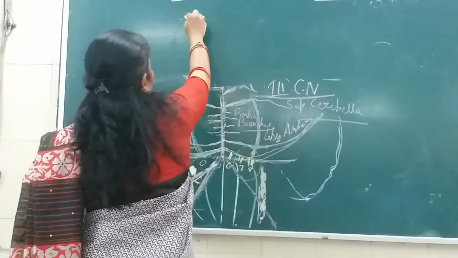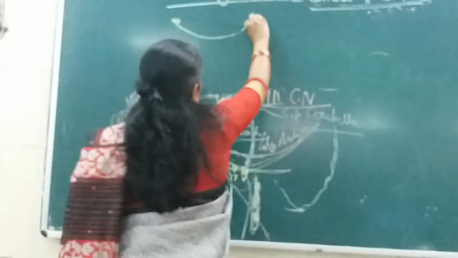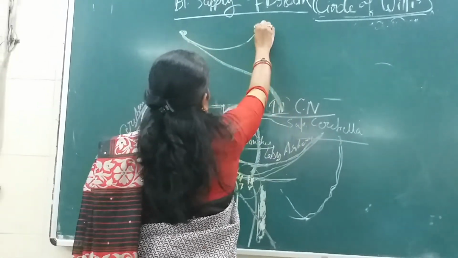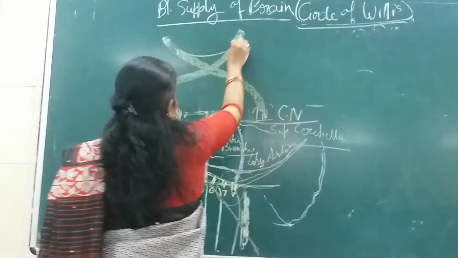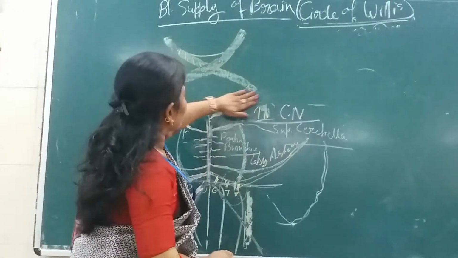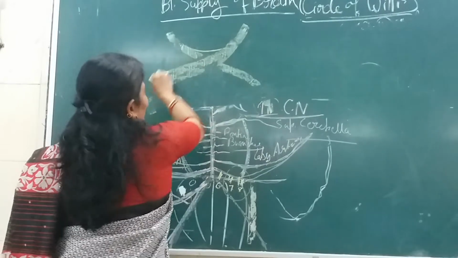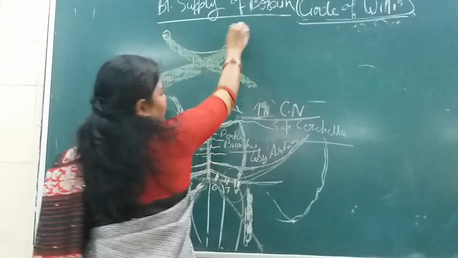Now you will draw a diagram here. What is this? Optic tract. Optic chiasma. This is the optic chiasma. Very good. Look here.